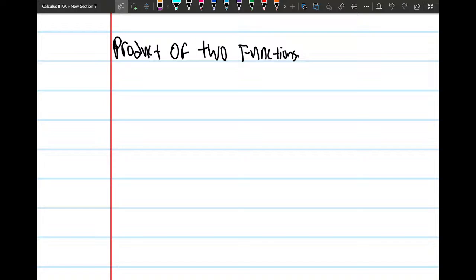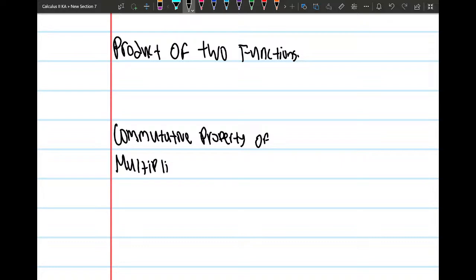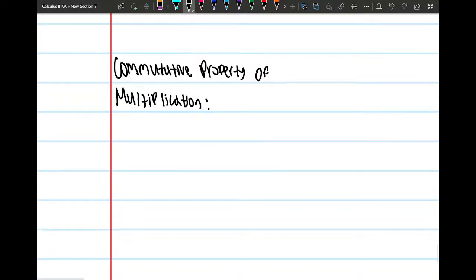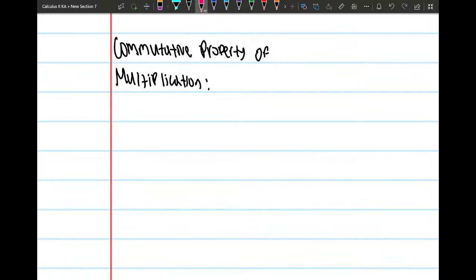So now commutative property does apply for the product of two functions. So again, commutative property of multiplication means that if we have a times b, this is the same as saying b times a. And so we can use that idea, or that theorem, to do this.